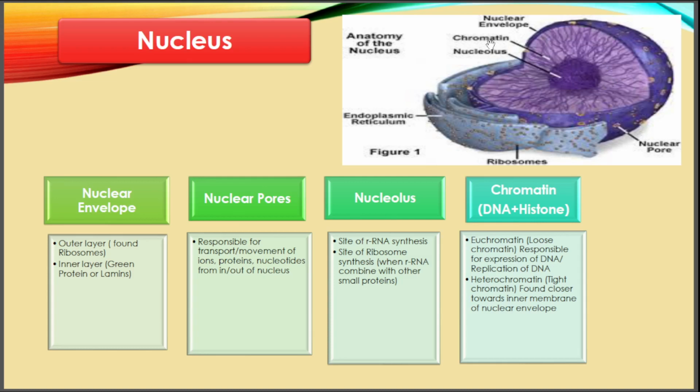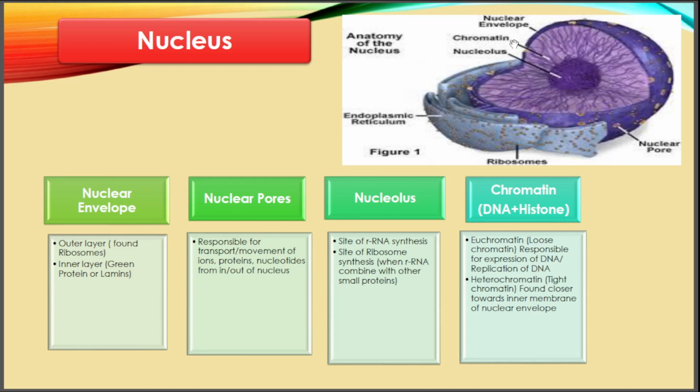Now here you can see the presence of chromatin. This chromatin is nothing but a complex of DNA and a special protein called histone. Chromatin is of two types, that is euchromatin and heterochromatin. The euchromatins are the loose ones and they are called the active region. Why are they called the active region? Because here the transcription process, means the replication of the DNA, is taking place.